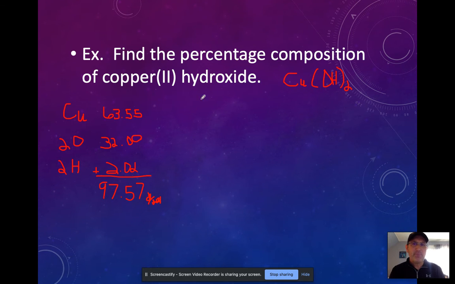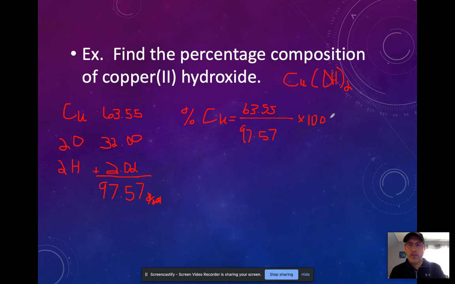To find our percent composition, we have to find our percentage of each one of these elements. For our percentage of copper, that's going to be your mass of copper, 63.55, divided by your total mass of your compound, 97.57, and then multiplied by 100.